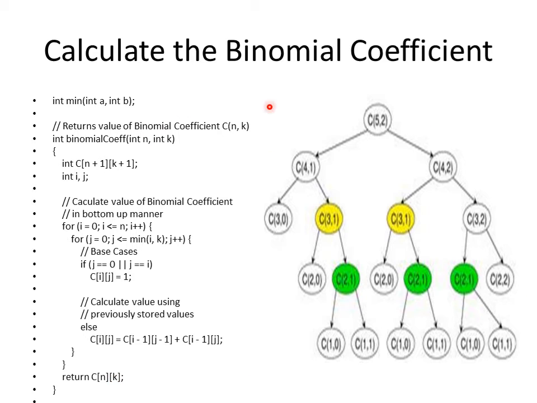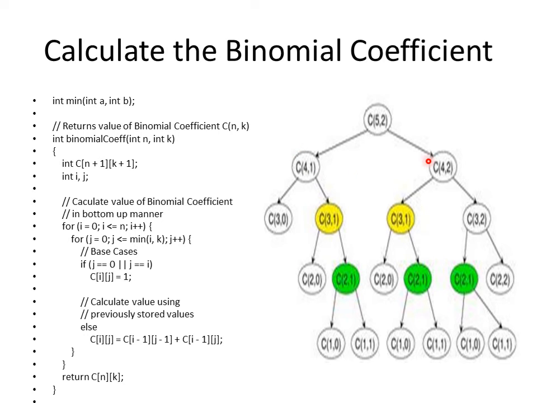Here I am entering two values for a and b, 5 and 2. So I have taken C of 5, 2. See, this 5 is split. Here i minus 1 is 5 minus 1, that is 4, and j minus 1 is 2 minus 1, that is 1.